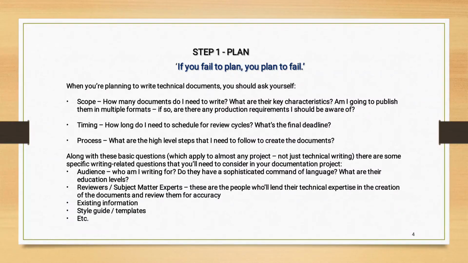And along with these basic questions, there are some specific writing related questions that you need to have an answer about, that is your audience, your reviewers, your existing information, style guide, templates, etc. So all what I said now is related to the planning process. This step is very much important.